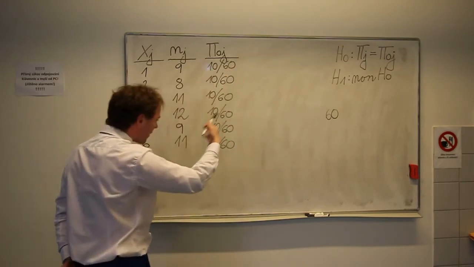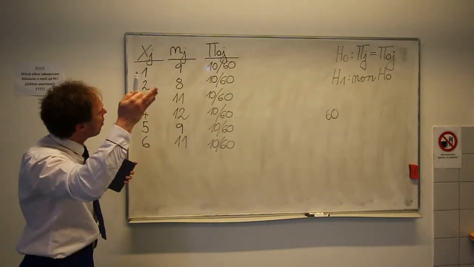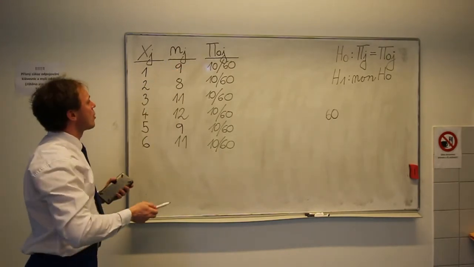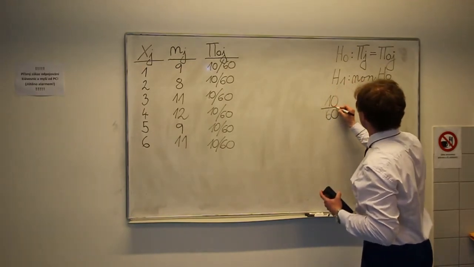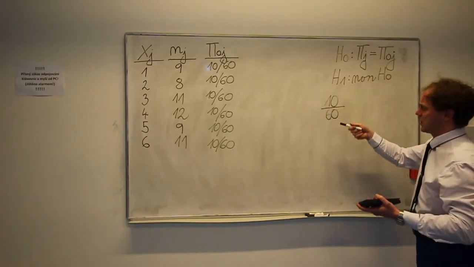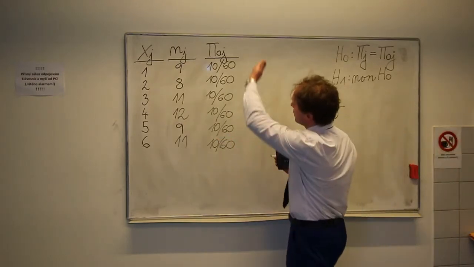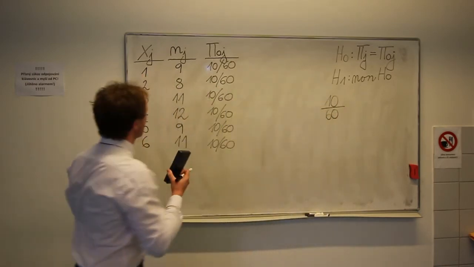So there I have the structure of our theoretical expected relative frequencies. 10 divided by 60. This is sample size, and 10 times I will expect this position on the dice.